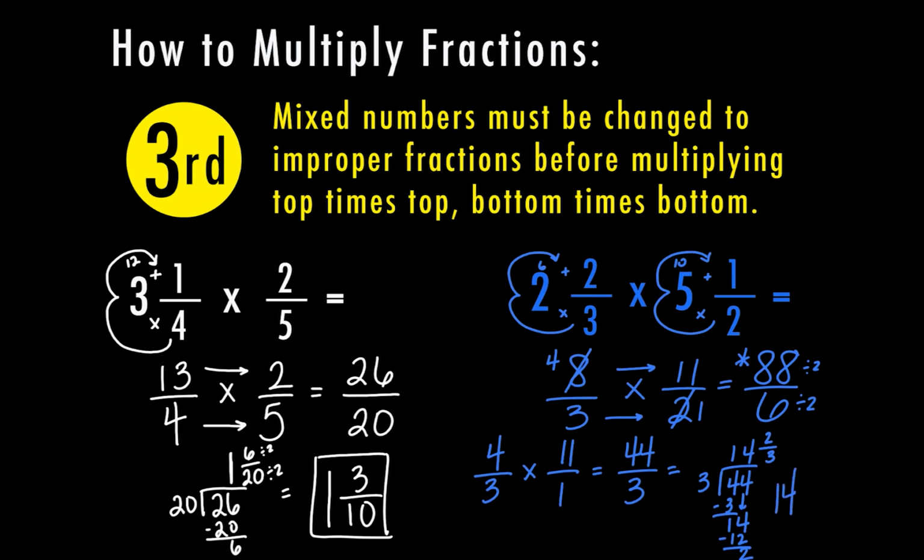So 14 and 2 thirds is my answer. If I had gone back to this step and divided 88 by 6, I would have gotten 14 and 4/6. So then I would have had to reduce 4/6 to 2 thirds. So reducing in your problem gives you smaller numbers to work with and saves you from having to reduce later.